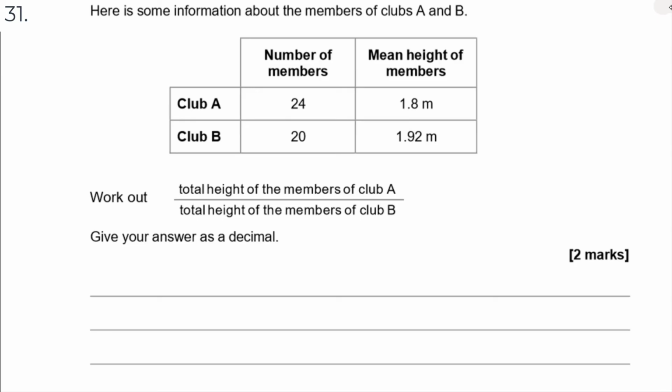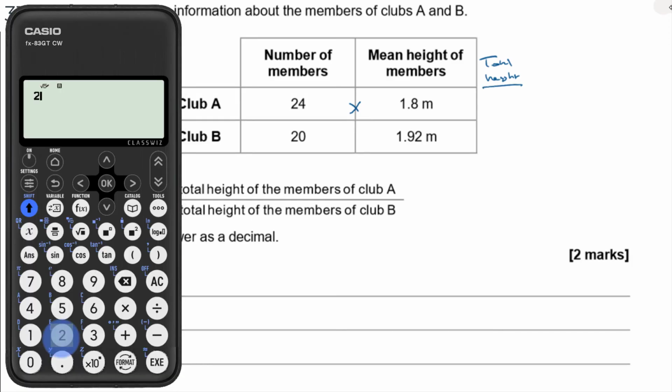Well, the total height we can easily get by multiplying those two together, can't we? If I take the number of members, 24, and multiply it by the height of 1.8, I'm going to get the total height for Club A, and similarly for Club B. So what is 24 times 1.8? That comes to 43.2.